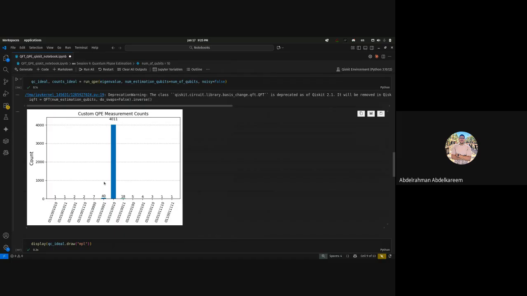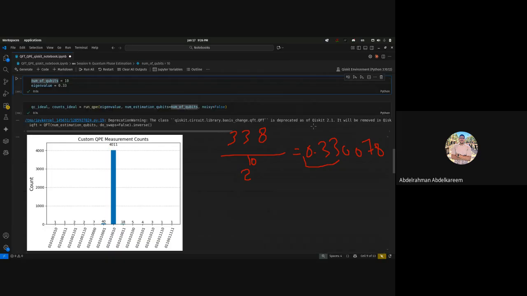Converting this binary number to decimal gives 338, and divided by 2 to the power of the number of qubits, 10, it will give us 0.330078, etc. So it estimates, to a certain degree, the eigenvalue that I entered as an input.